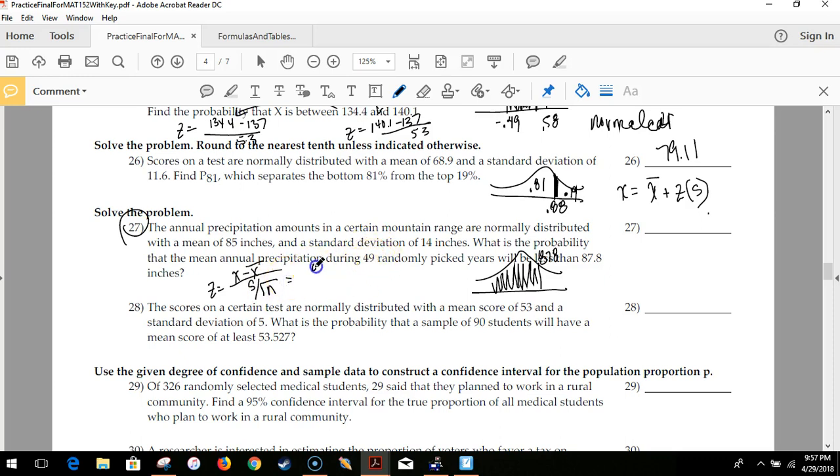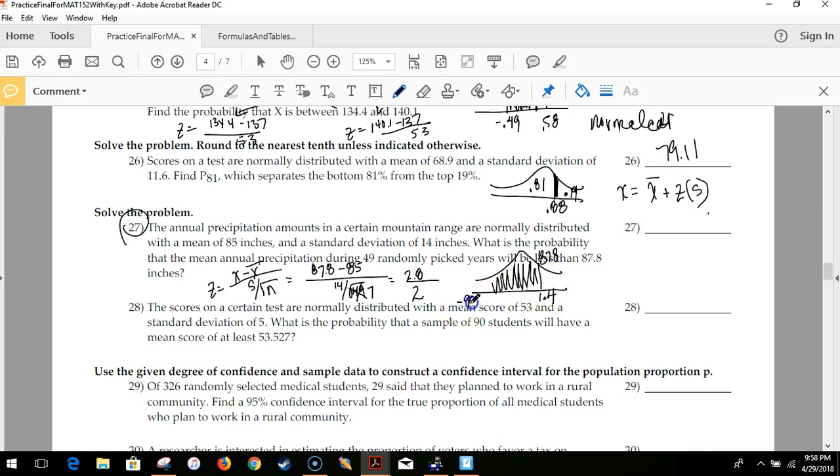So x is 87.8, and the mean is 85. S is 14, and I'm going to divide by the square root of n, which was 49, which works out well because the square root of 49 is 7, and 14 divided by 7 is 2. And up top I have a 2.8, so I have a z-score of 1.4. They don't all work out that nice.